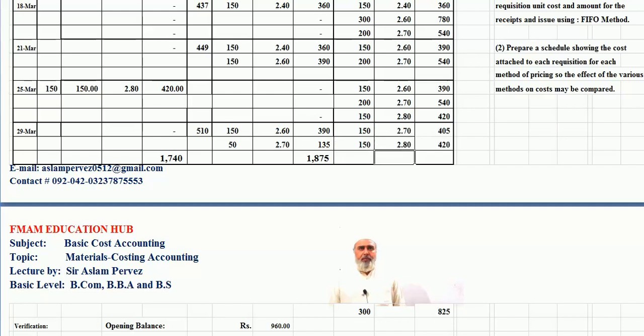Students, this is our current inventory, 150 units and also 150 units, with different rates. Students, the sum is 820 rupees as the closing inventory cost.